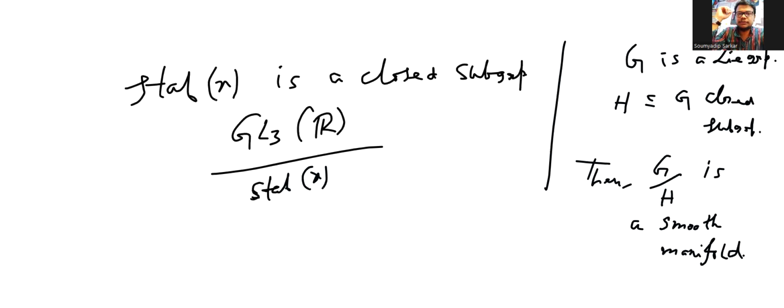So this object, GL3R modulo a closed subgroup, is what is called a homogeneous space.